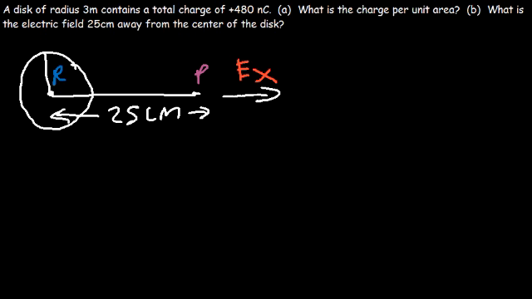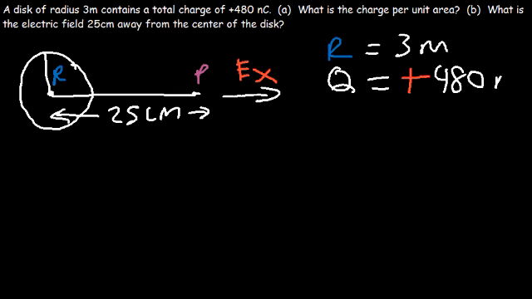So with this information, how can we calculate the charge per unit area? So let's write down what we have. So we know that R is equal to 3 meters. The total charge Q is positive 480 nanocoulombs. And X is 25 centimeters, or 0.25 meters.